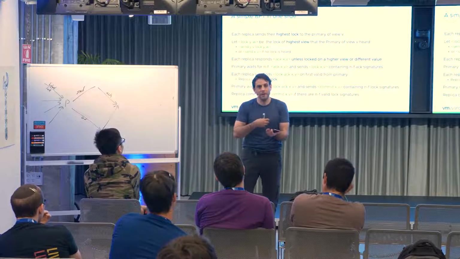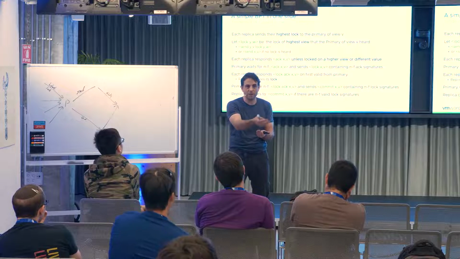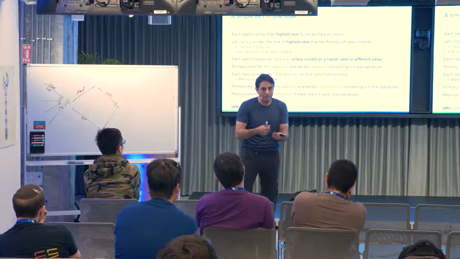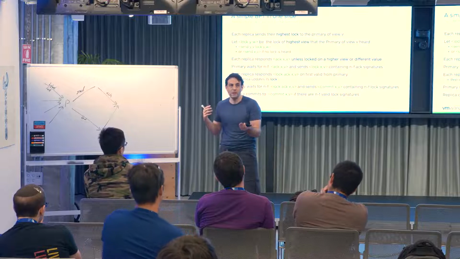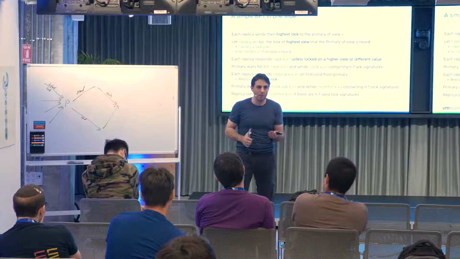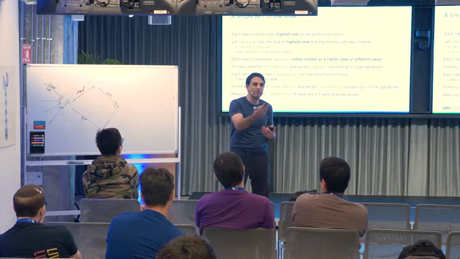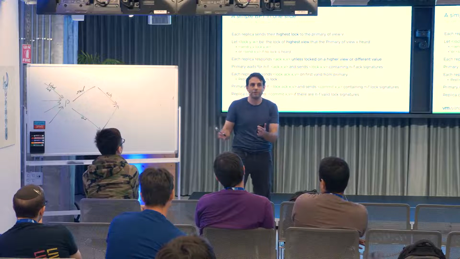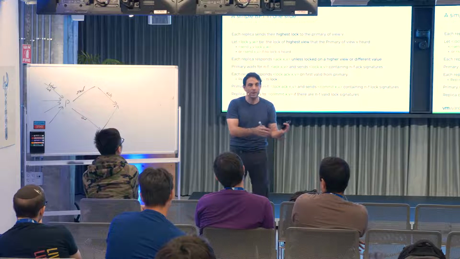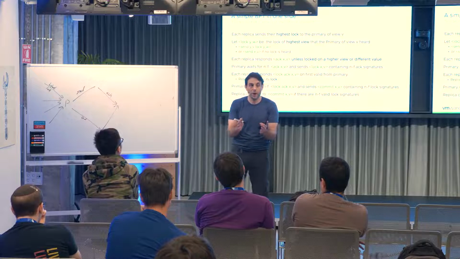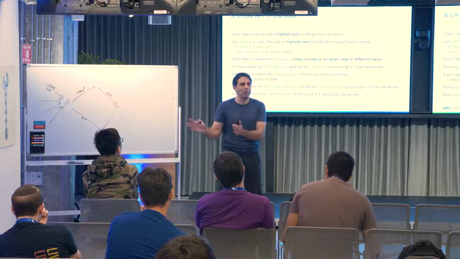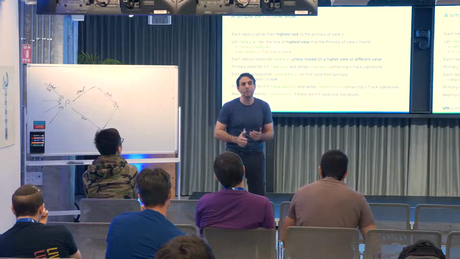If I'm locked on something in view 20, I accept this message because 50 is bigger than 20. But if I'm locked on view 70, then I ignore your message, because you're in round 100 sending me a proof of something that happened in round 50. I've seen a lock in round 70, so I'm scared that in round 70 there was a commit. I'm going to ignore you because you might be malicious.